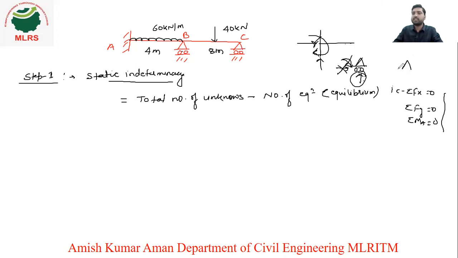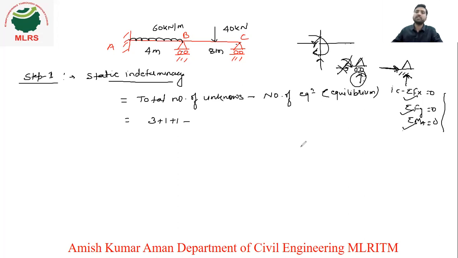And if there is a hinge support like this, then there are two unknowns: one vertical and another horizontal, right? So here three unknowns, here one unknown, and here also one unknown, because this is a roller support. So total is 3 plus 1 plus 1 minus the number of equations: summation Fx is equal to 0, summation Fy is equal to 0, and summation of moments about A is equal to 0.